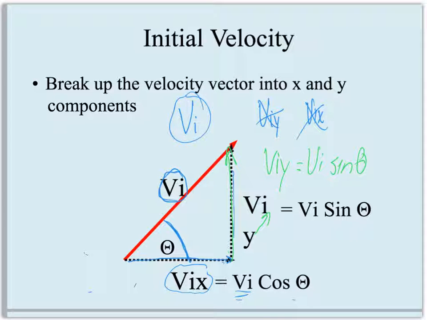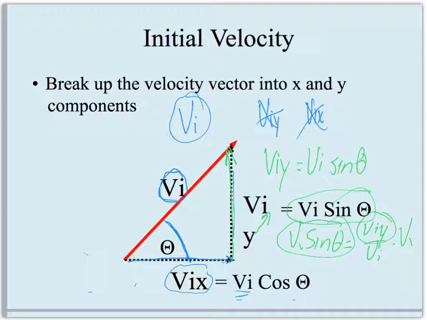Well, why is it sine? Well, this side is opposite the angle. So if I had sine theta equals opposite, the opposite side would be Viy over the hypotenuse would be Vi. How would I solve for Viy? Well, I'd multiply both sides by Vi, and I would end up with what you see there, Vi sine of theta.